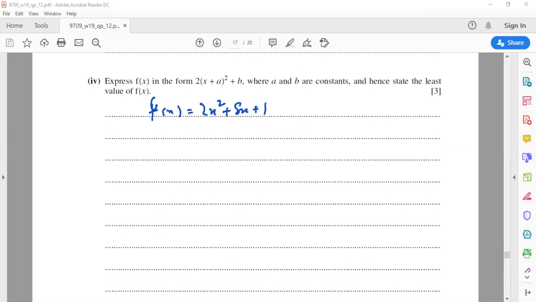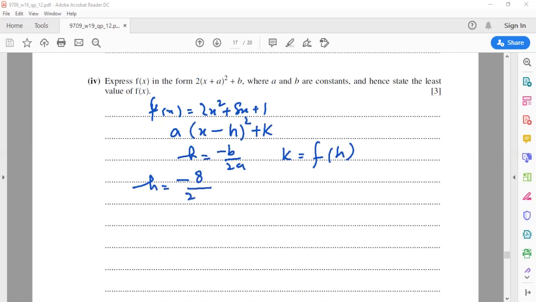Whenever we make the completing square format, it is a into x minus h whole square plus k, where h is equal to minus b over 2a and k is equal to f of h. Now let's find minus b over 2a. Minus b means minus 8, over 2a means 2 times 2, which gives us minus 2.